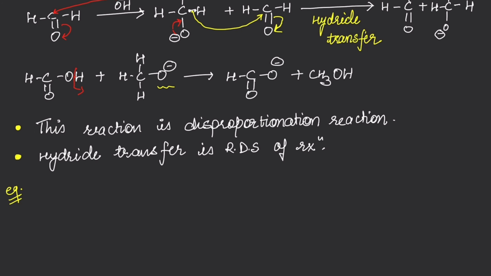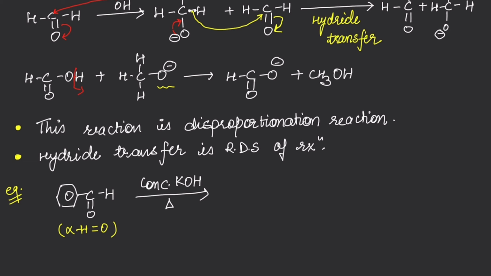Just look at this example. You have been given benzaldehyde. So this is the benzaldehyde. The question is, concentrated KOH is used at high temperature. So how will benzaldehyde react? First of all, to identify this reaction, you can see there is no alpha hydrogen.